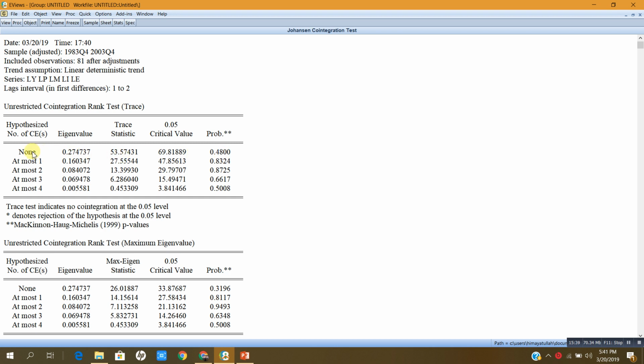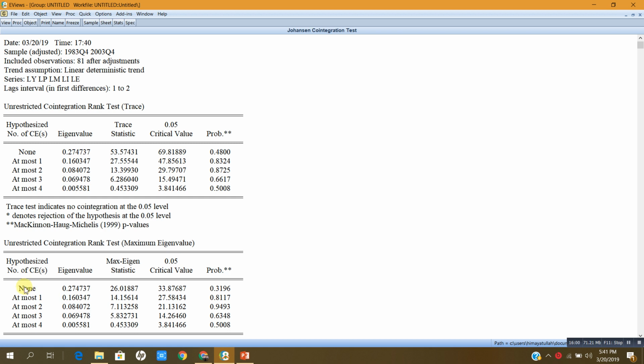So it means there is no cointegration. And similarly, on the basis of max eigen statistic, also for none, that there is no cointegrating equation, so I cannot reject the null hypothesis. So it means that there is no cointegration.